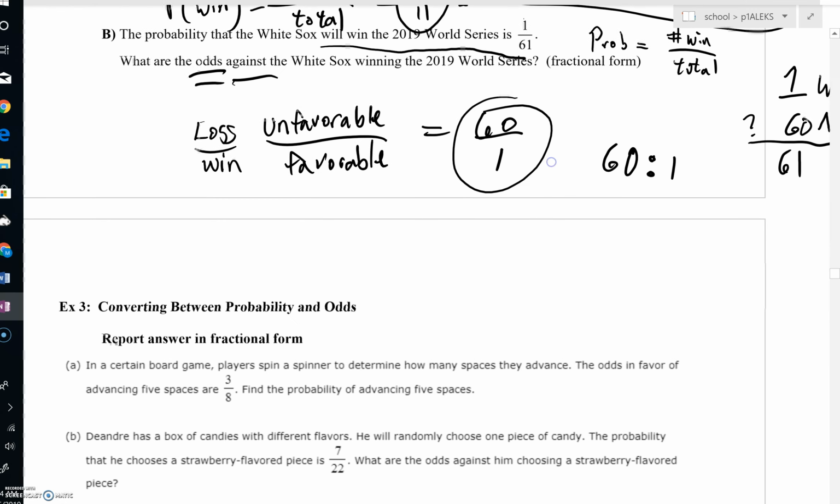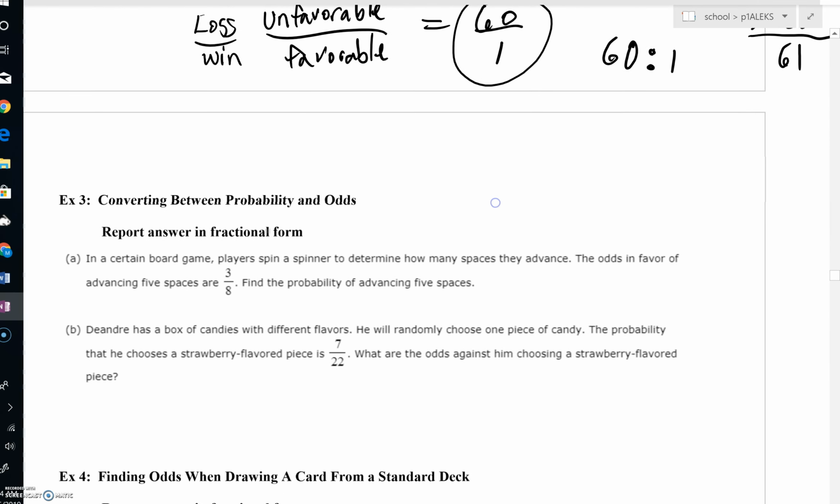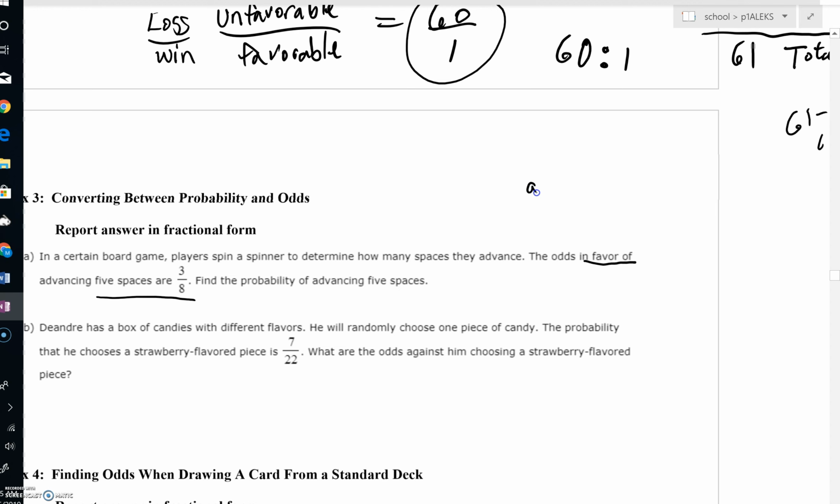All right, well, let's take a look right here at example 3. It says, in a certain board game, players spin a spinner to determine how many spaces they advance. The odds in favor of advancing 5 spaces are 3 to 8. So here's for part A. We've got favorable, we've got unfavorable. And if we're going with the odds in favor, favor goes up on top. That's 3, and that's 8.